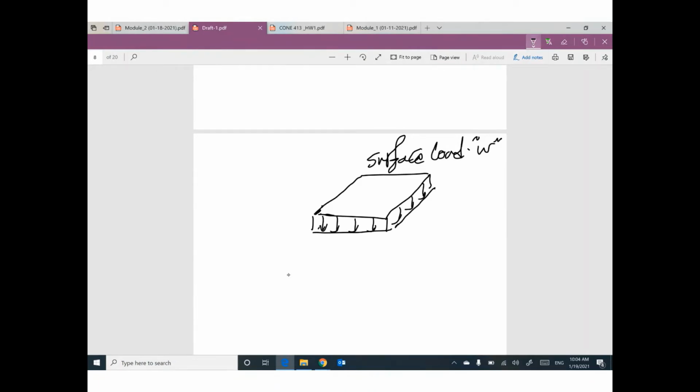If I would like to convert the surface load to one concentrated load, what should I do? If you have surface load on area and you need to convert this surface load to one concentrated load, what should I do?